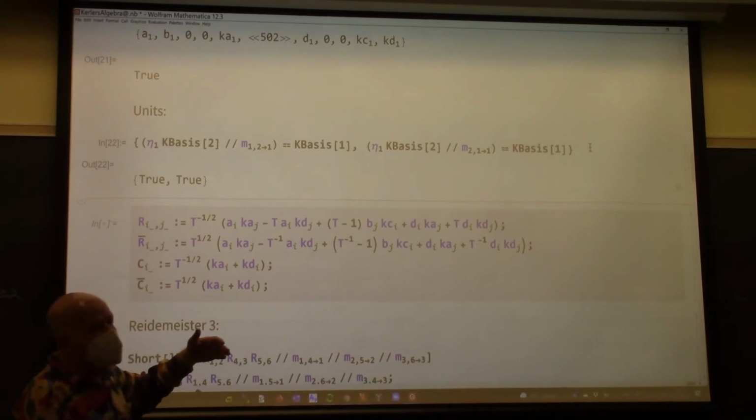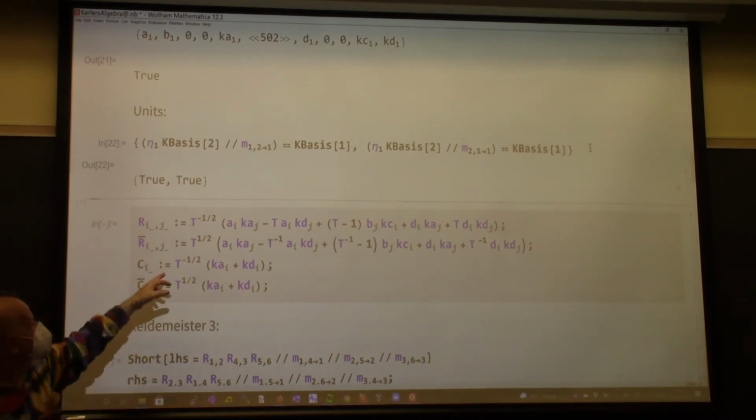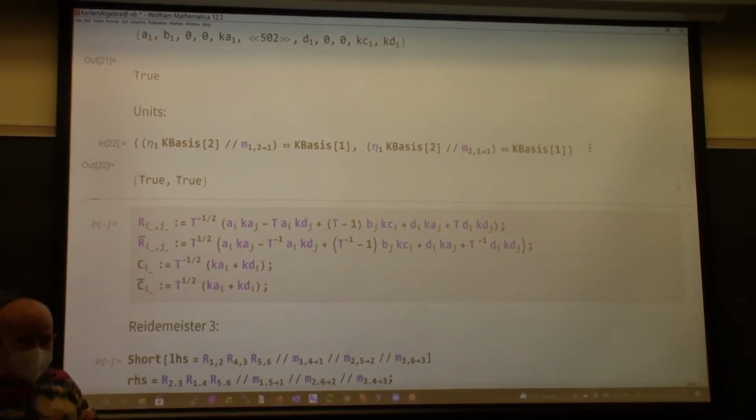And therefore, the invariant you will get will depend on a parameter. It will not just be a number or an element of the algebra. So in fact, it has a chance to be a polynomial, a Laurent polynomial perhaps, because some inverses appear here, and it will be. Okay?